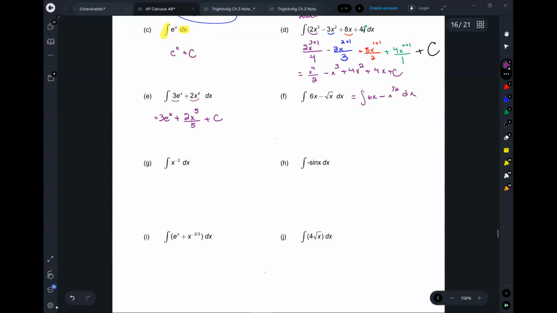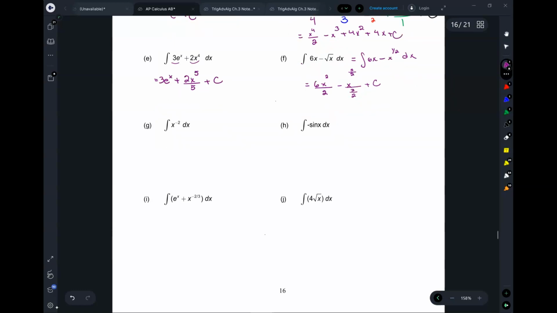Okay, so 6x, add 1 to the exponent, I get a 2, divide, minus x to the power of 1/2 plus 1. How much is that? 3 over 2. So this is x to the power of 3 over 2. And I'm going to divide by the new exponent plus c.